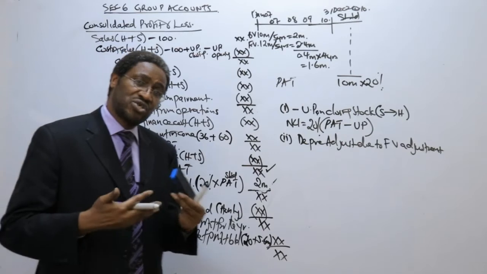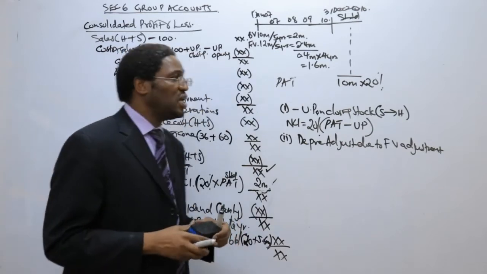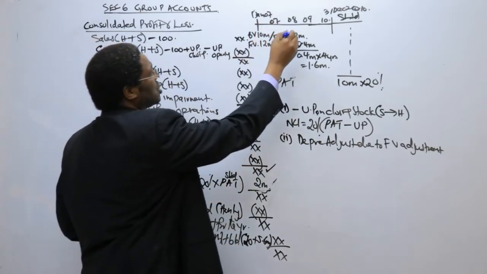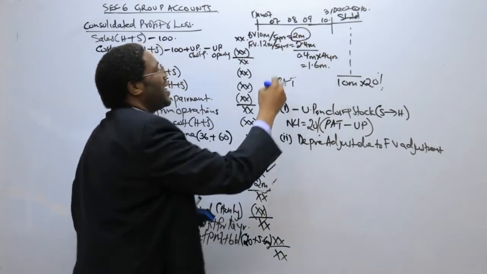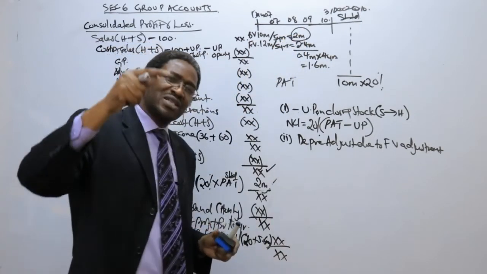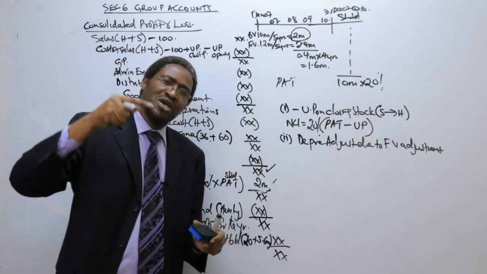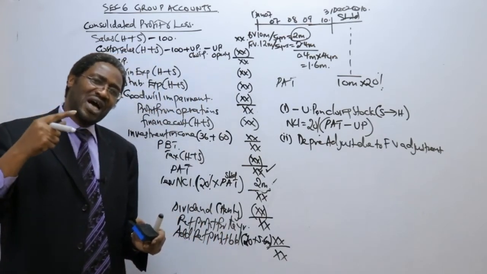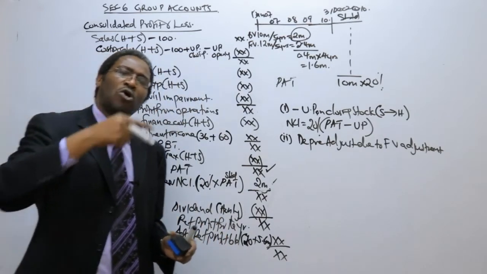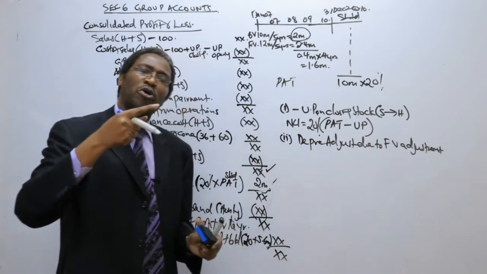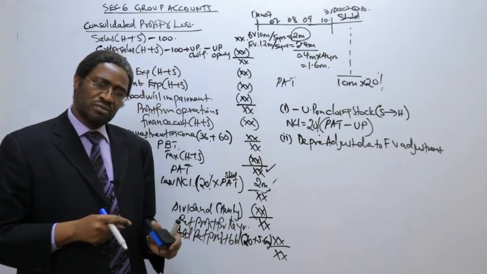That is to say that every year your subsidiary company has been charging 2 million among its admin expenses, but they ought to have been charging 2.4 million every year.